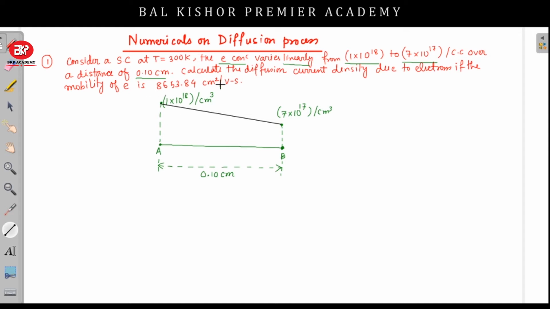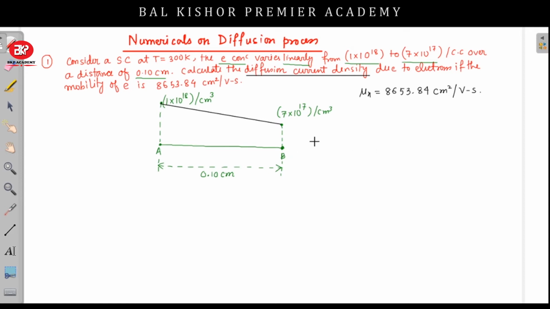Now we have to find the diffusion current density due to the electrons, if the mobility of the electrons is given. The mobility of the electron is 8653.84 centimeter square per volt second.